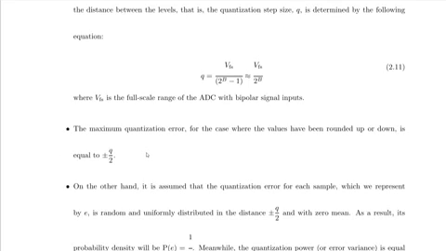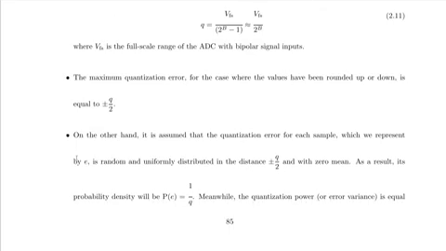The maximum quantization error, for the case where the values have been rounded up or down, is equal to plus or minus Q/2, or half Q. It is assumed that the quantization error for each sample, which we represent by e, is random and uniformly distributed in the range plus or minus half a Q, and with zero mean.